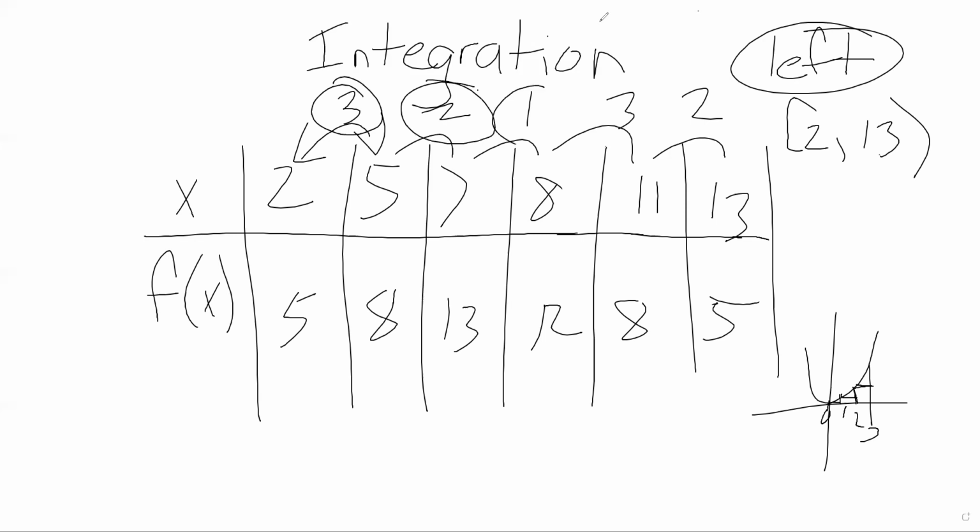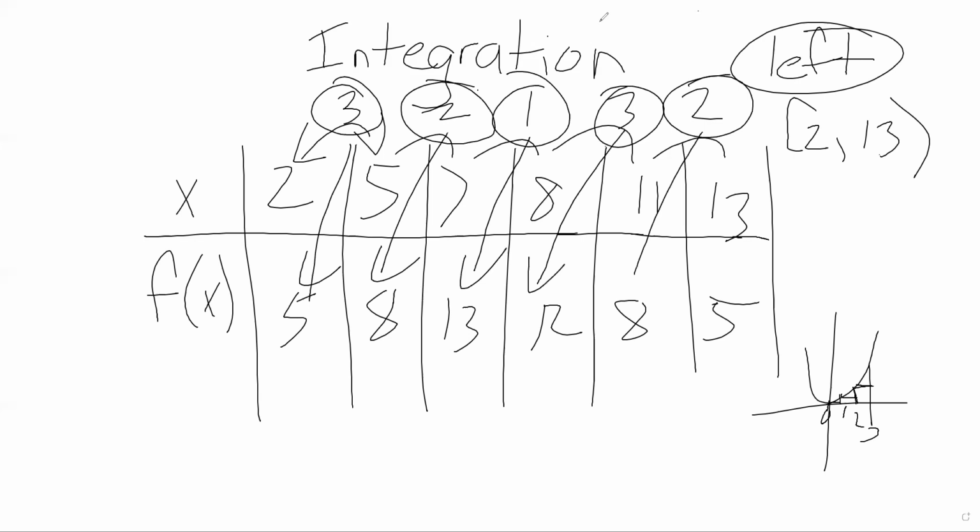We have 3, 2, 1, 3, 2. And a good way, if you're thinking that you're starting from the left, is you draw arrows down to the left like this. And that's your corresponding f of x value.